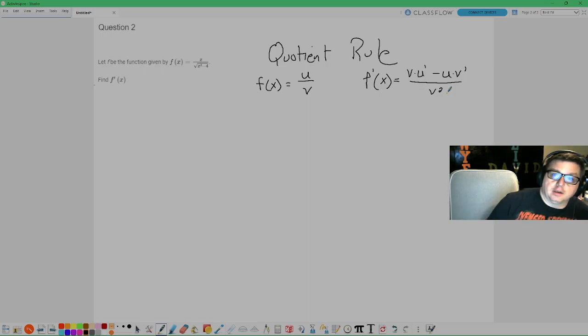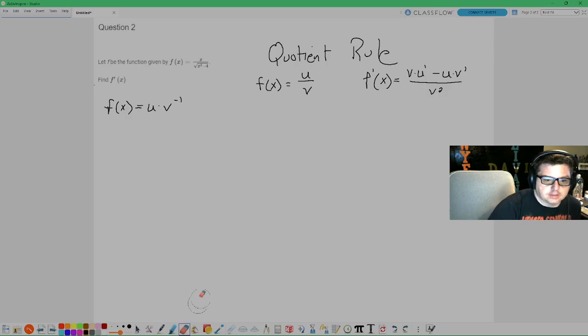So you can think about it in terms of that. You could talk about it in terms of u times v to the -1 power and just doing the product rule. But once you combine everything and make common denominators, you will end up eventually getting back to this as well.